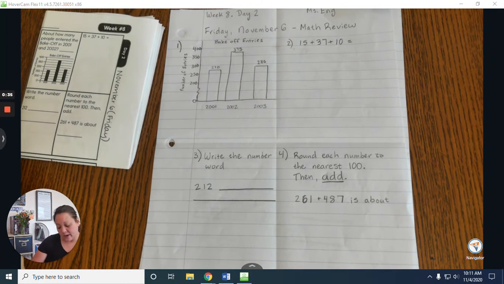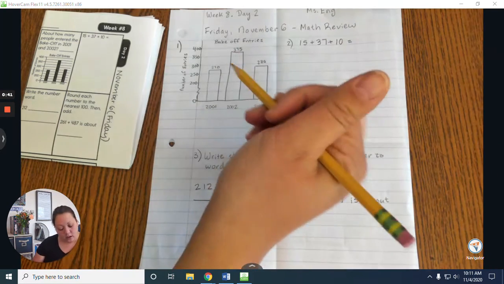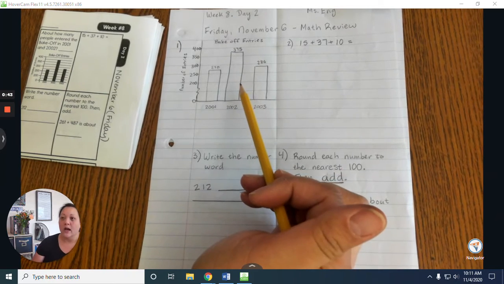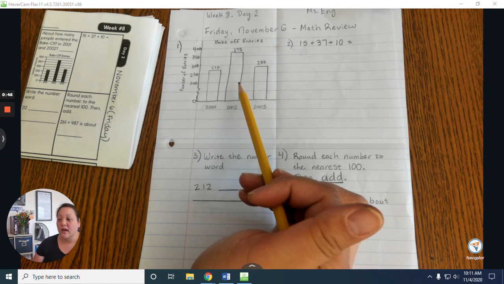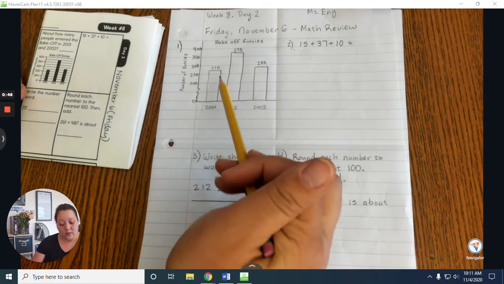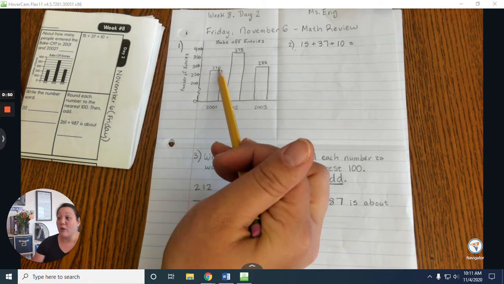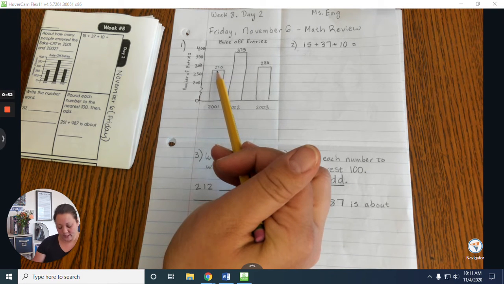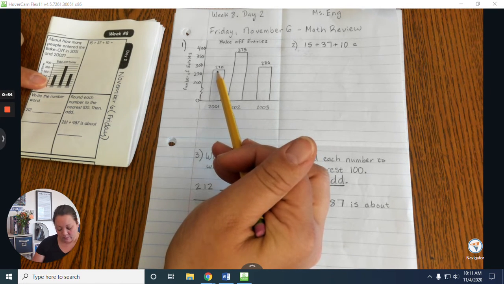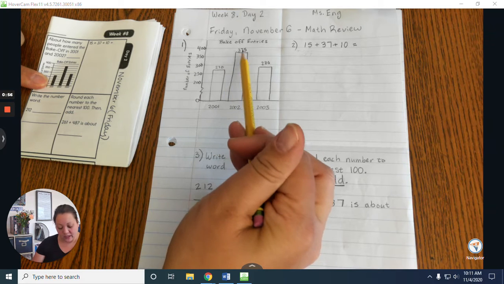The first question asks about how many people entered the Bake Off in 2001 and 2002. In the picture that I sent that is on Canvas, we actually have already identified about how many. So we said in 2001 there was about 270.